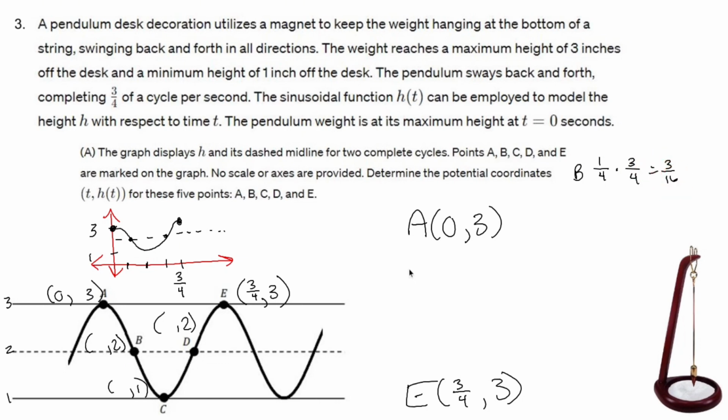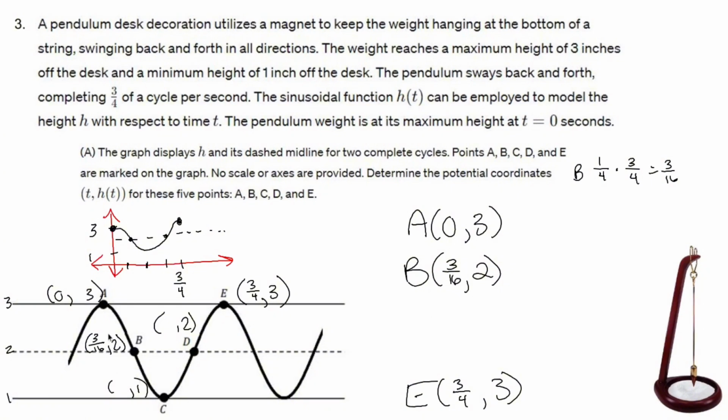So this is going to happen at the x value of 3/16 and a y value, or in our case, t and h of t, of 2. So 3/16 and 2.